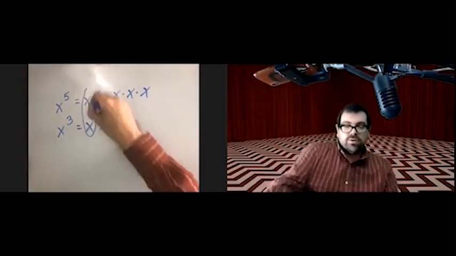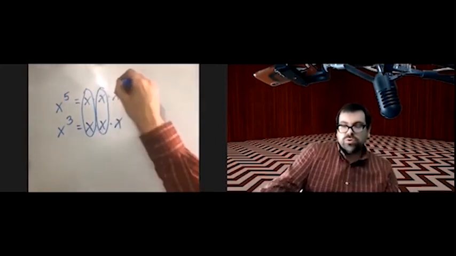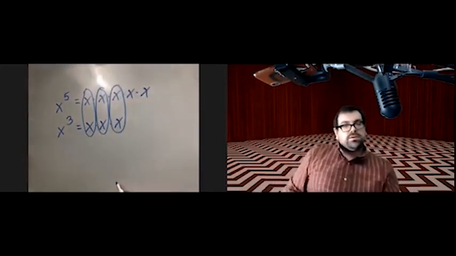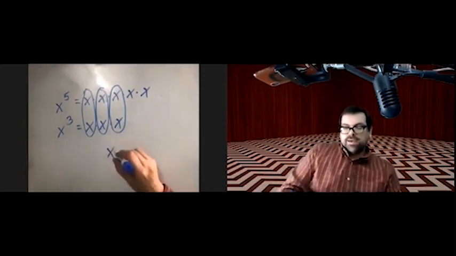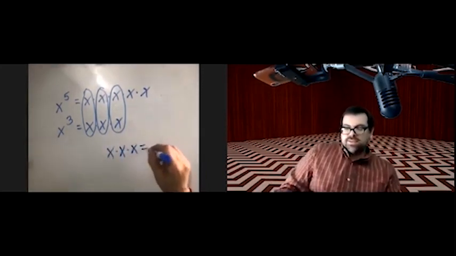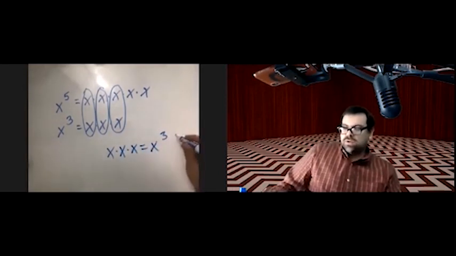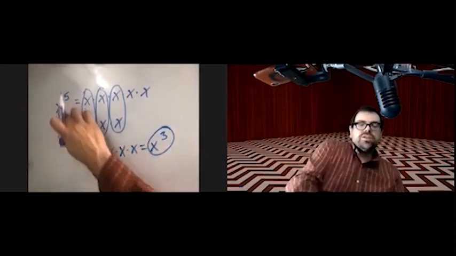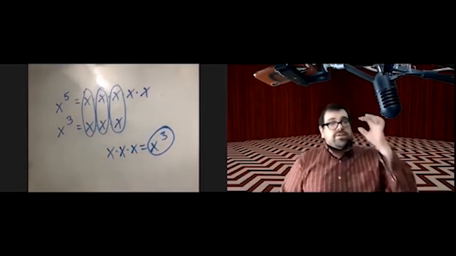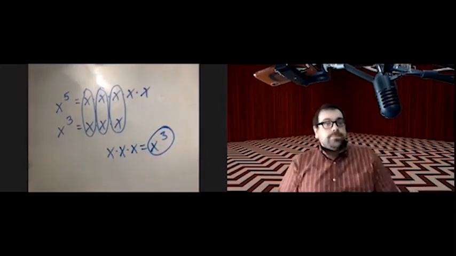What's in common? 1, 2, 3 x's. x times x times x is x cubed. So x cubed would be the GCF of x to the 5th and x cubed.